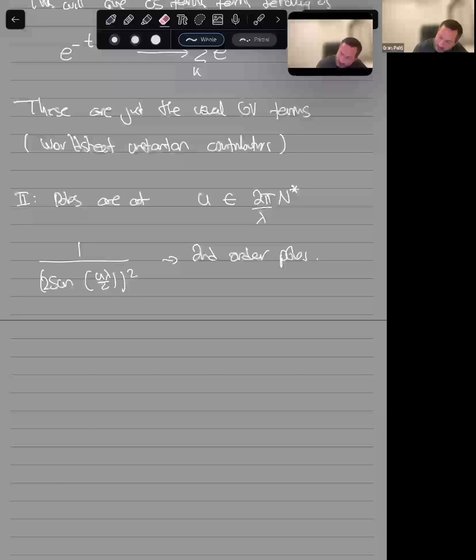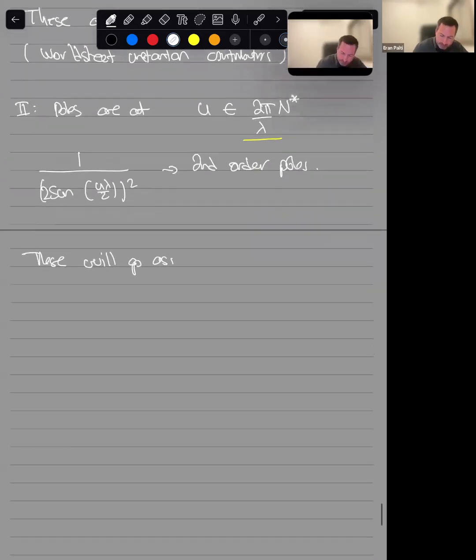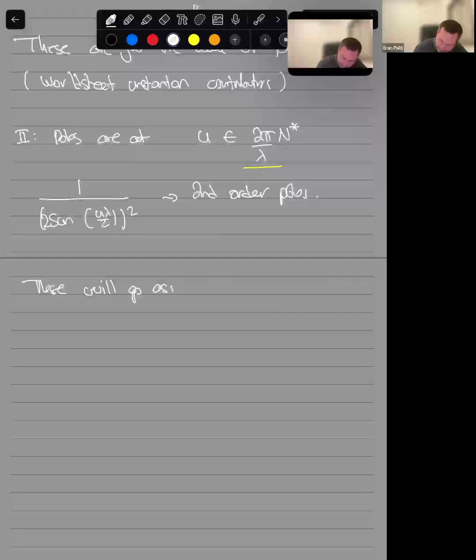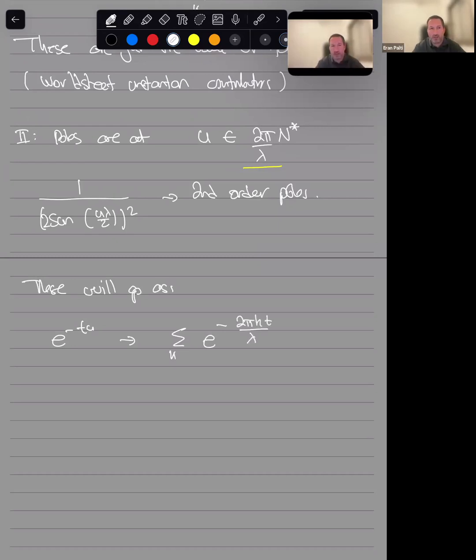Because now we're evaluating at 2 pi over lambda times an integer rather than just an integer, these will go as, now e to the minus tu doesn't go to e to the minus t times an integer, but instead we're going to get a sum over e to the minus 2 pi kt, but now over lambda, because u goes like 2 pi over lambda now rather than just an integer.